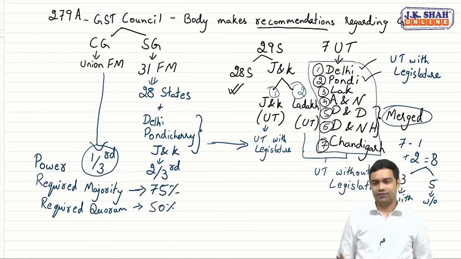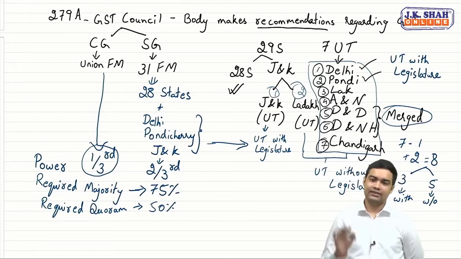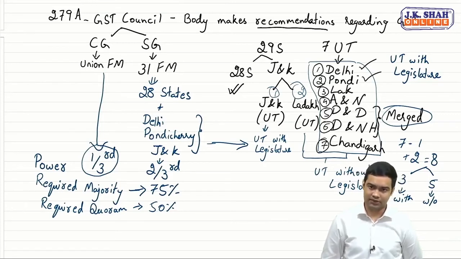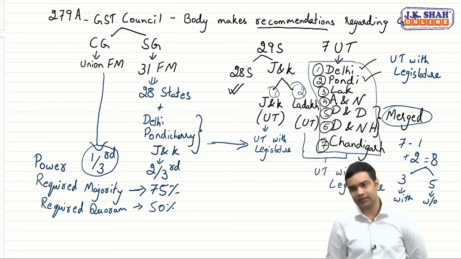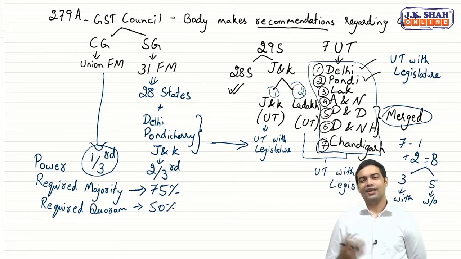So at least 50% of the members should be present. Only then a GST Council meeting is said to be a valid meeting. Plus, if there is a dispute, in that case voting would happen, and the voting majority, required majority, would be 75%. Till now, there hasn't been even a single voting instance in GST Council.